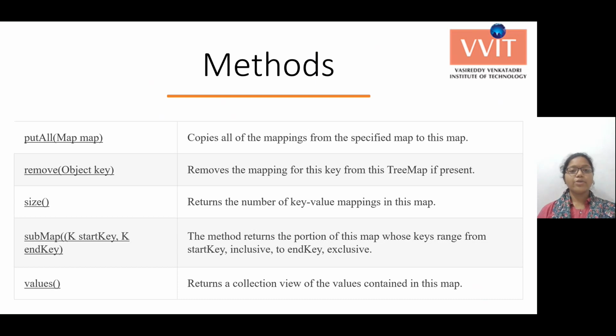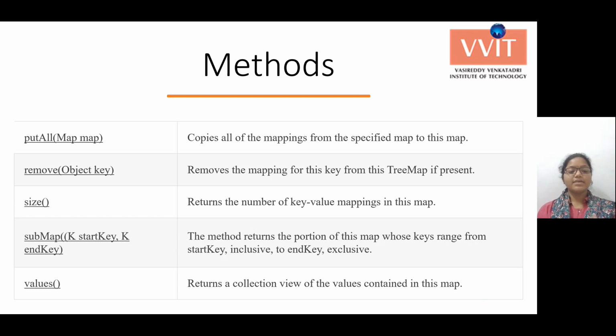Next, I wanted to get some portion in which the key is less than the end key, starting from the start key. See here, I am using a subMap method in which I am passing two keys, start key and end key. So I'll get a portion of the map from the start key till the end key, which is less than the end key.